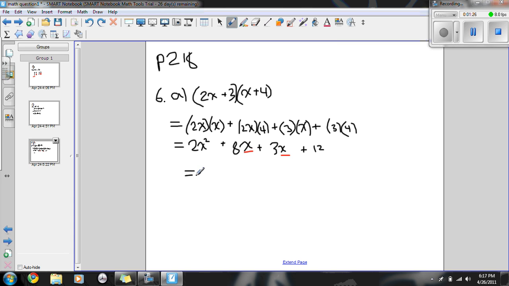So it should give you 2x squared plus 11x plus 12. So this is what your binomial product should be.